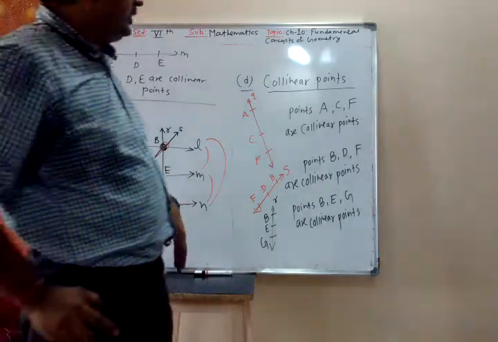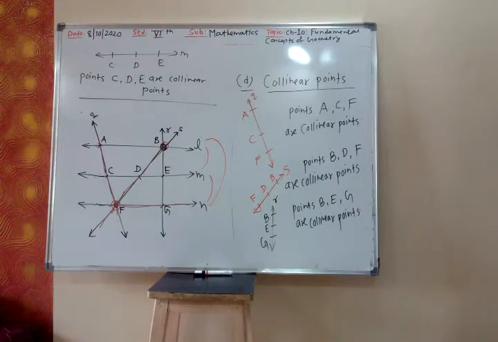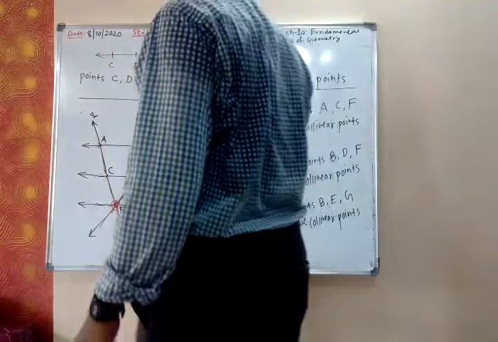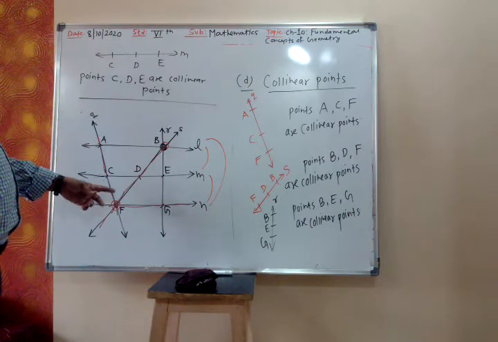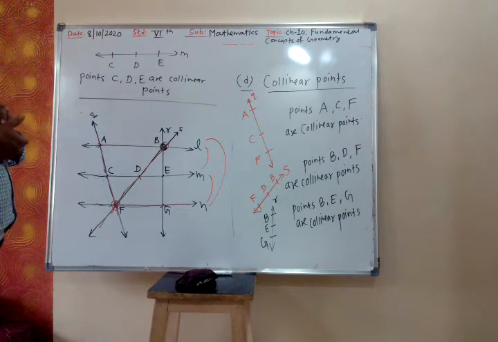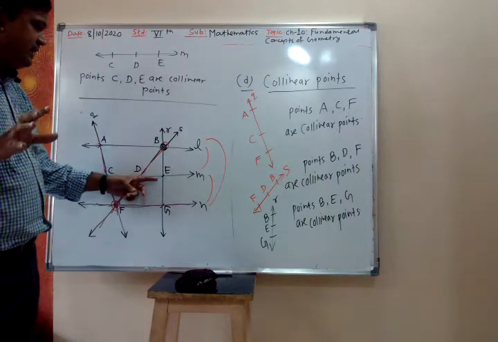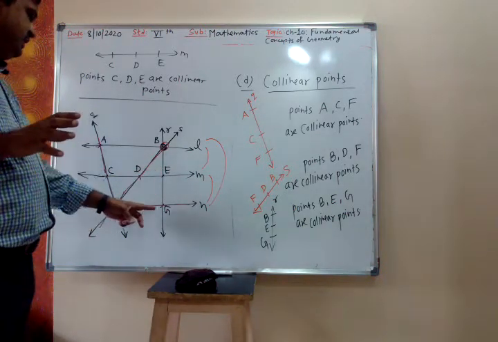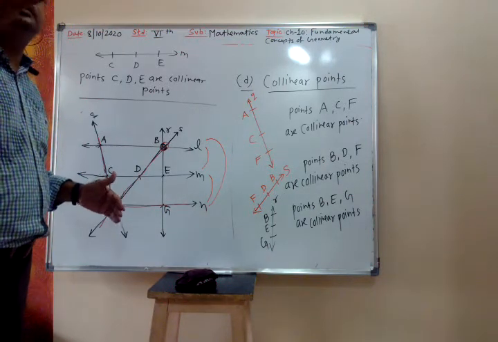It is clear, right? Which point, F? Points C, D are on the line M. No, see here, F, G. For collinear points we want 3 or more than 3 points.